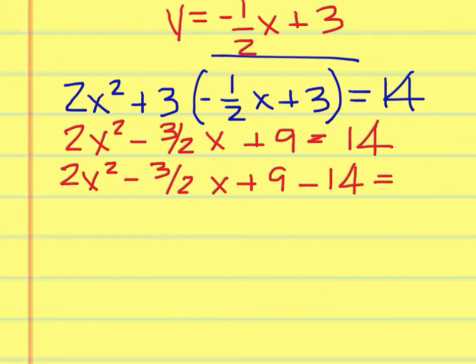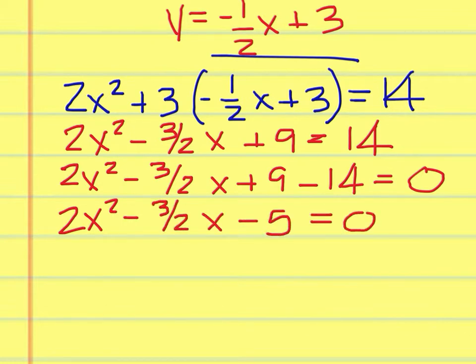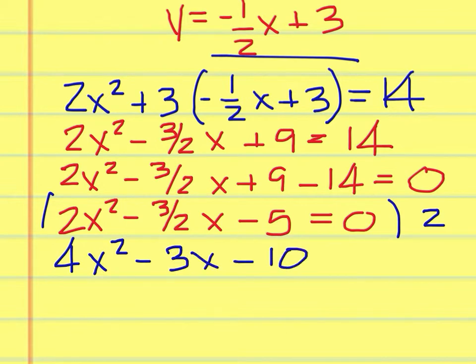You must move the 14 to the left, change the sign. You can simplify your constants at the end to come up with a negative 5. But you can also get rid of that fraction of 3 halves by multiplying the entire equation by 2. When you do that, you have 4x squared minus 3x minus 10.